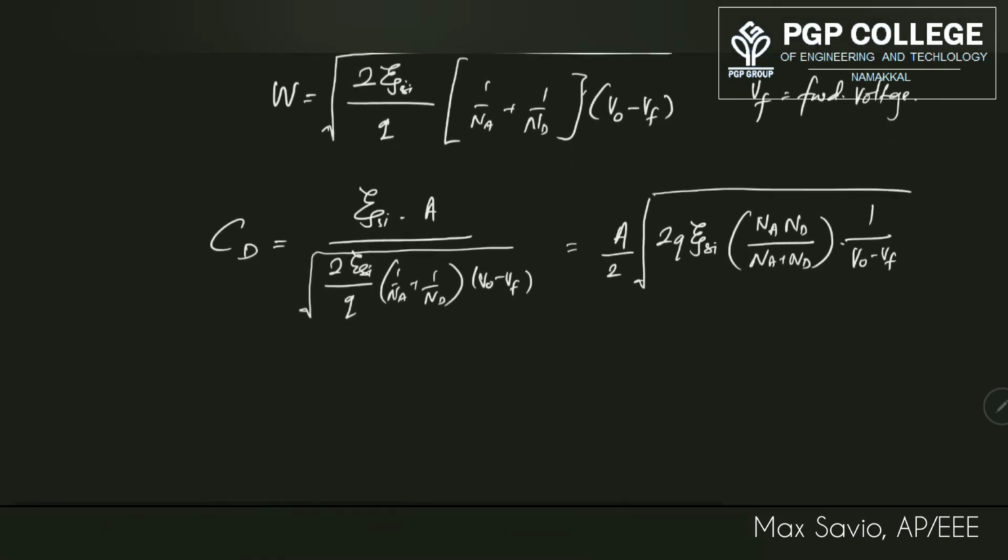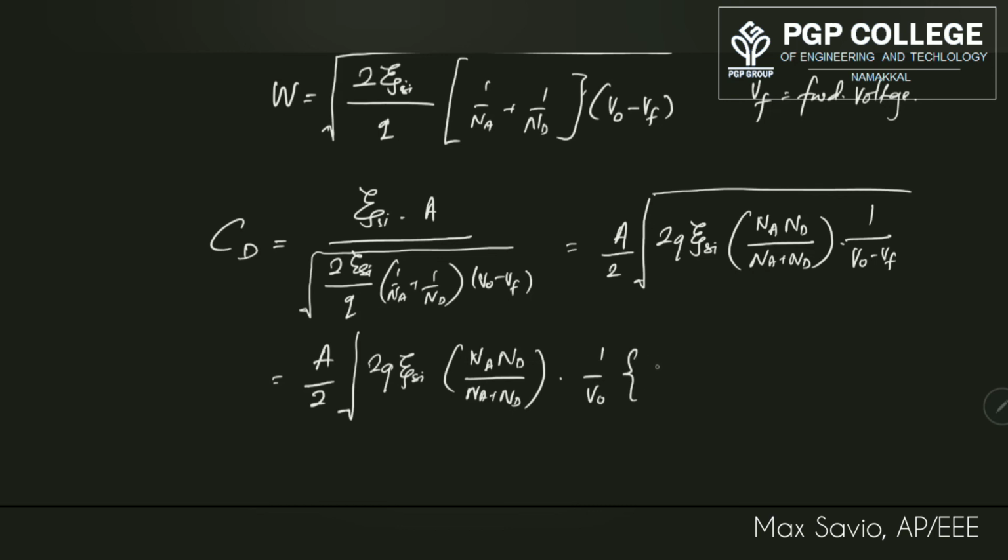Again, to represent this in terms of the equilibrium capacitance, I replace the equation this way: 2q epsilon Si into Na Nd divided by Na plus Nd, into 1 by V0, taking it as common, so that I arrive at 1 divided by 1 minus Vf by V0, the whole root.